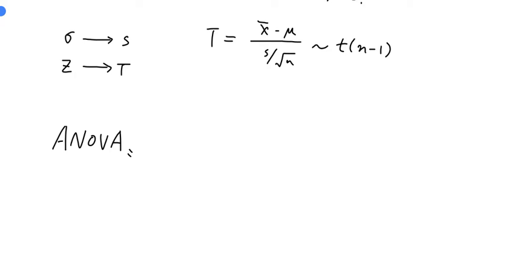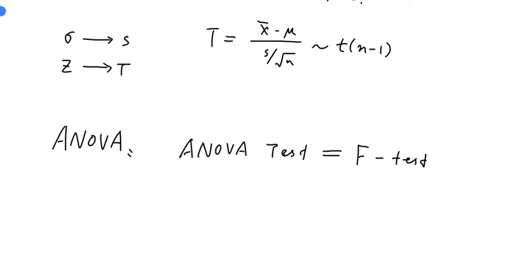We sometimes record them as the same thing. So ANOVA is related to the F distribution.